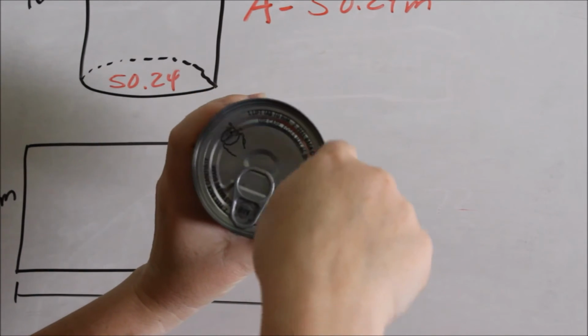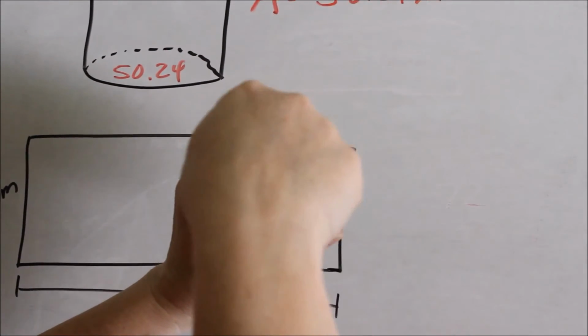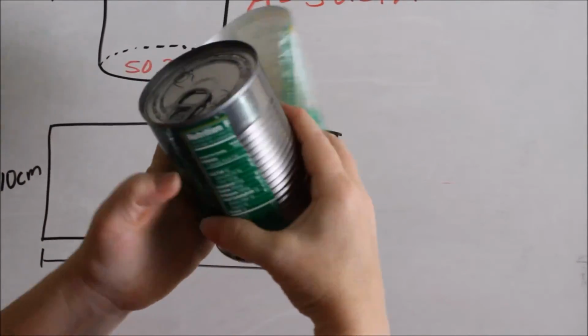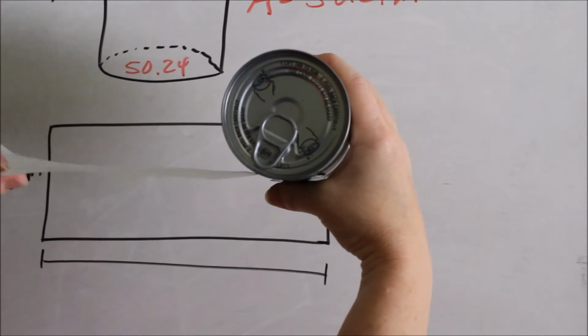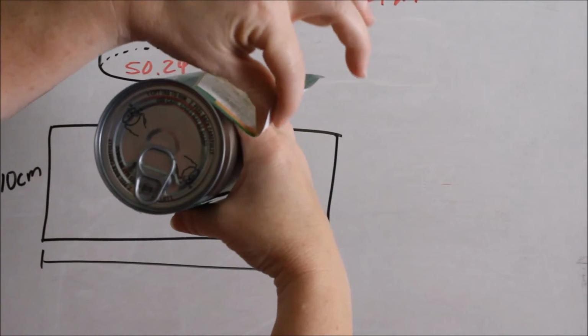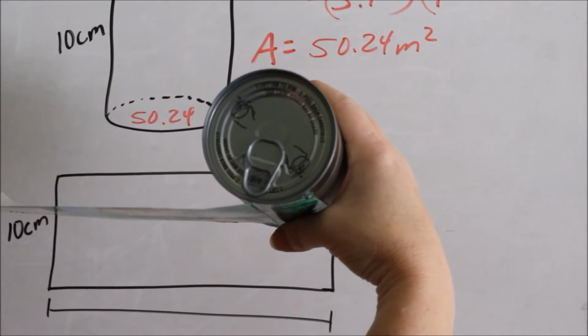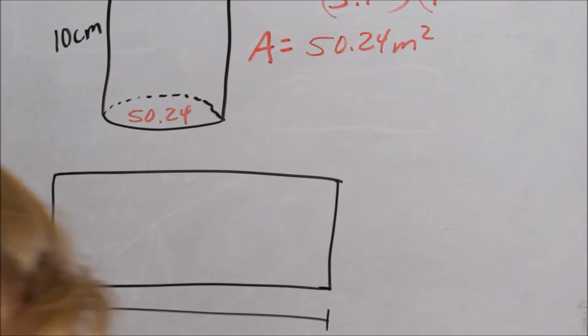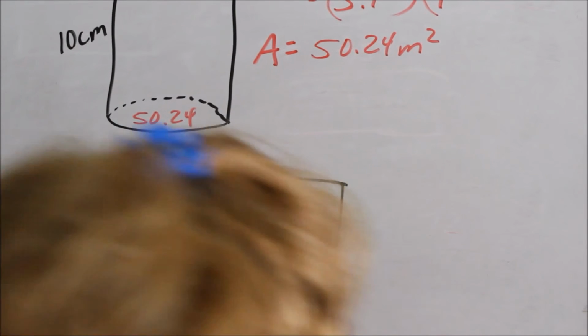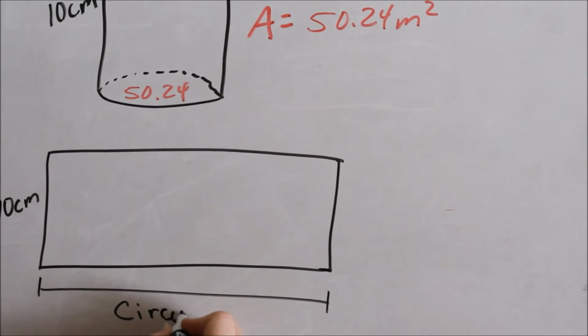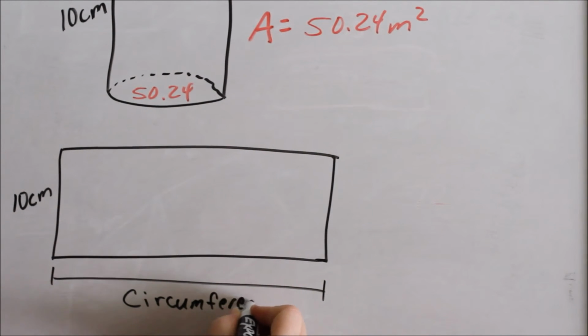We're doing the perimeter of the circle. Perimeter of a circle is the circumference. So the length of this label is the circumference because it wraps around the circle. So the length of that rectangle is my circumference. So going back to my picture here, the length of this label is the circumference of the circle.